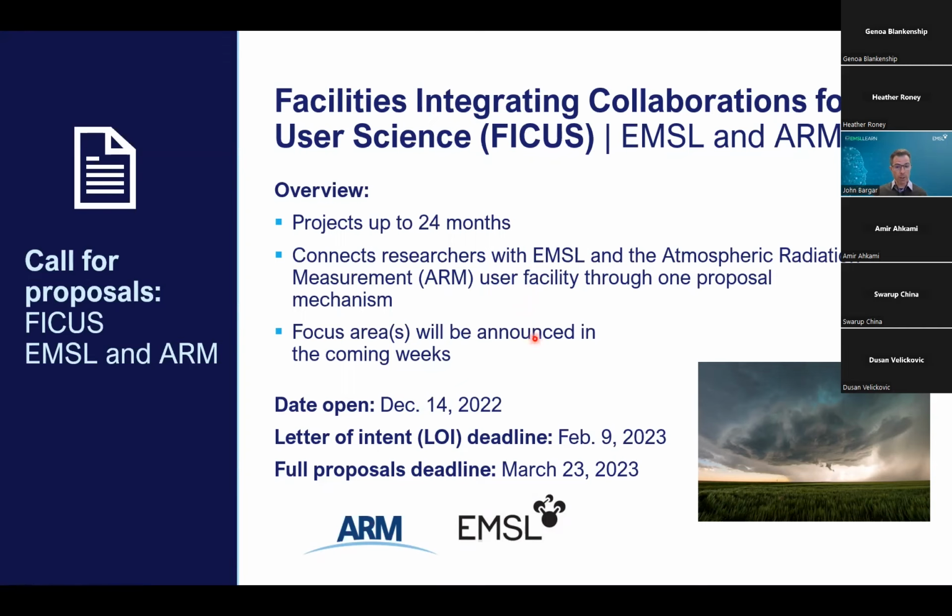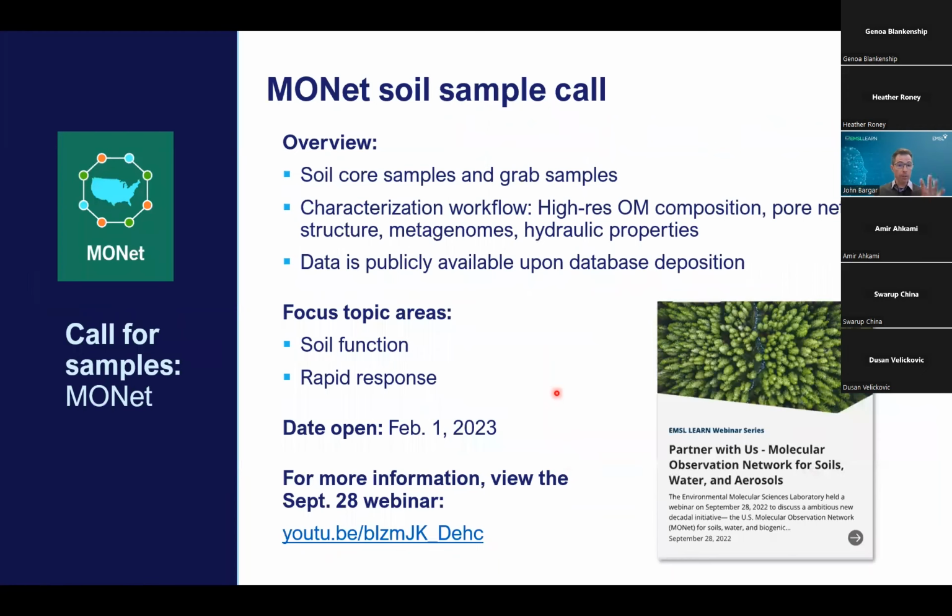Again, the specific focus area will be announced when the proposal call opens in just a few weeks on the 14th. Letters of intent are required if you want to submit a full proposal, due on February 9, with the full proposal due on March 23rd.